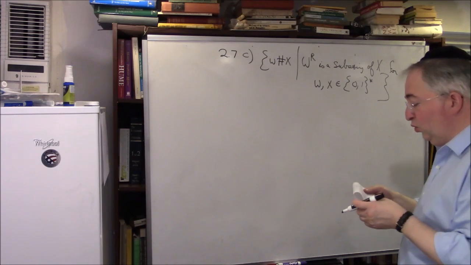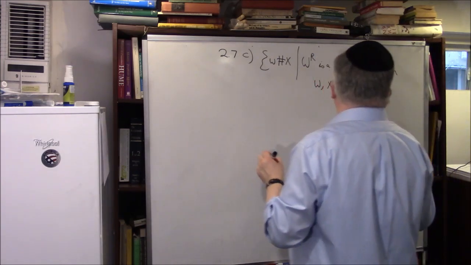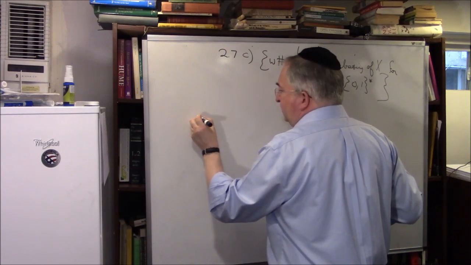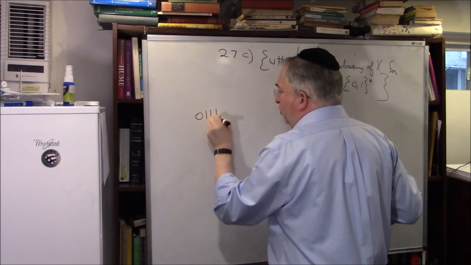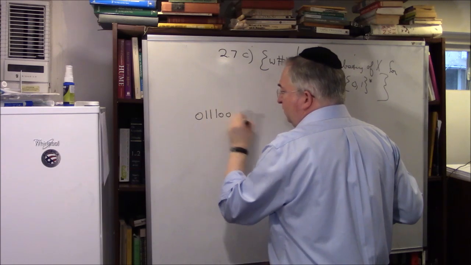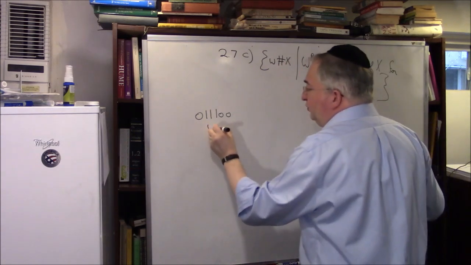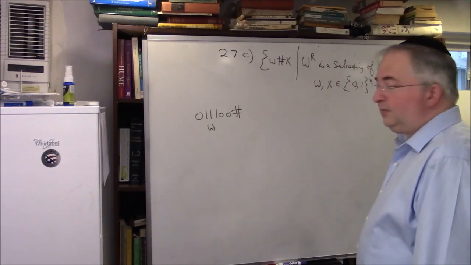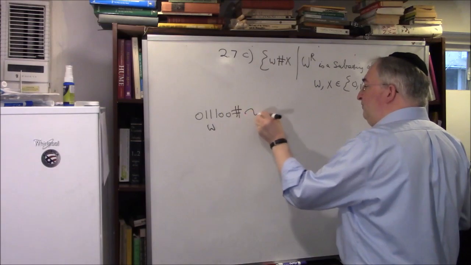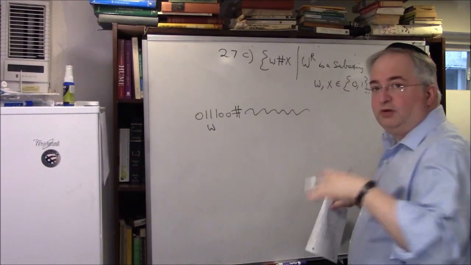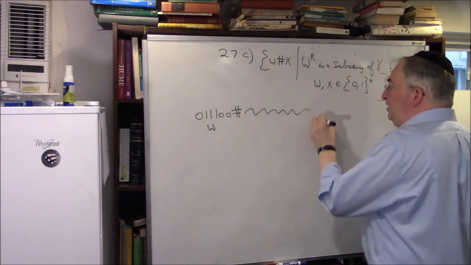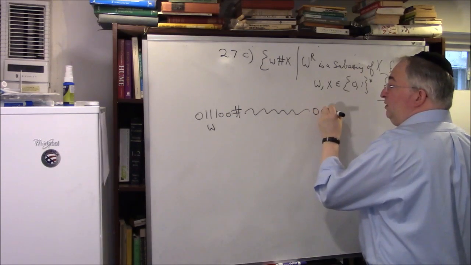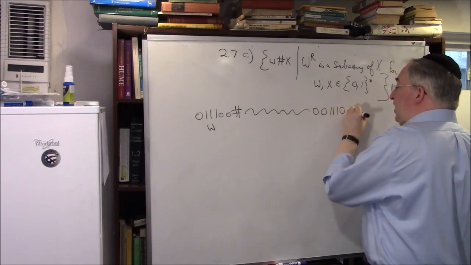Let me just show you what it looks like. Something like this: 0, 1, 1, 1, 0, 0. That's going to be your W. Then you're going to have a number sign, and then a lot of stuff, 0, 1, 1, I don't care. And then you're going to have 0, 0, 1, 1, 1, 0, and then a lot of junk.